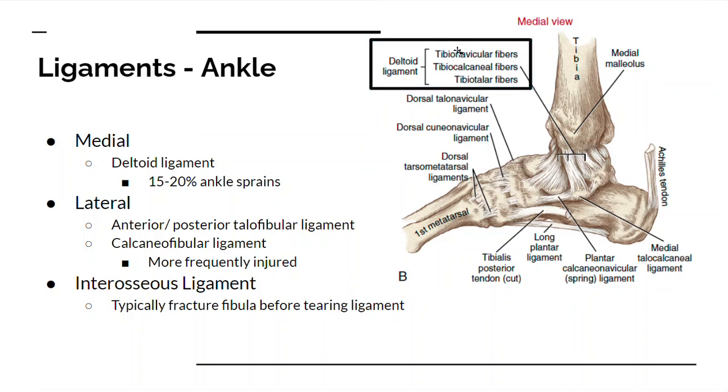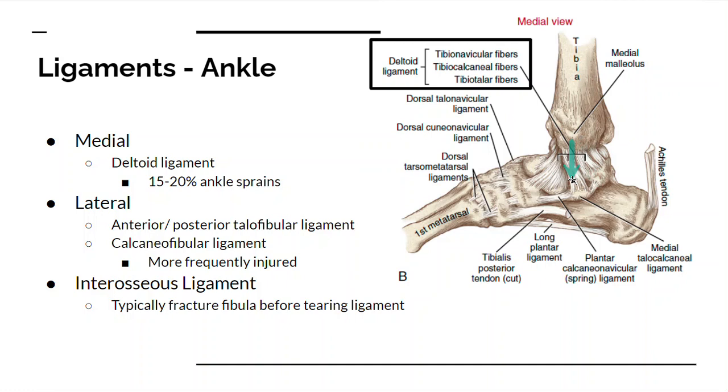So you have the tibionavicular, the tibiocalcaneal, and the tibiotalar. And they just tell you exactly where those fibers or that ligament goes. So tibionavicular goes from the tibia to the navicular. Tibiocalcaneal goes from the tibia to the calcaneus, and tibiotalar goes from the tibia to the talus.